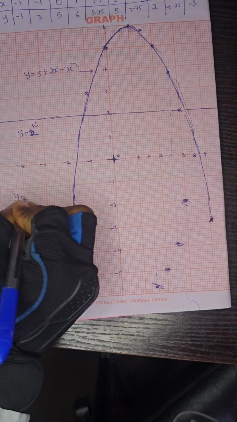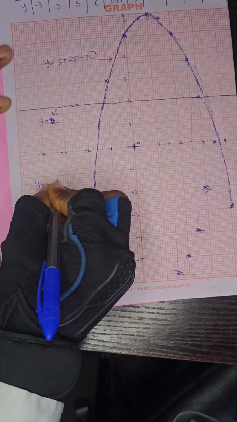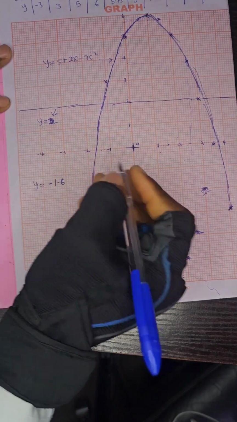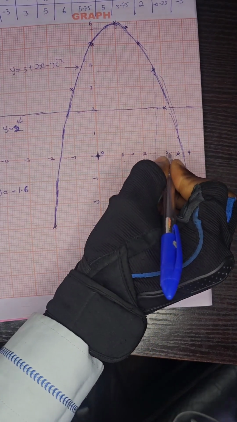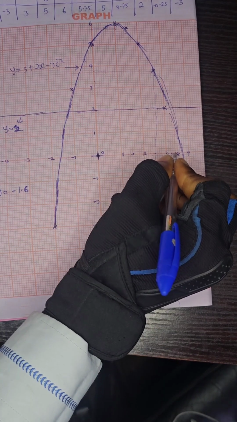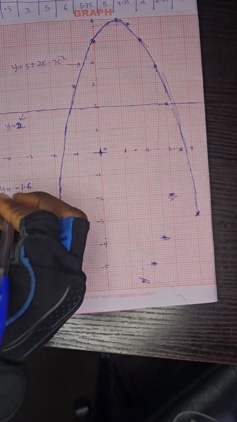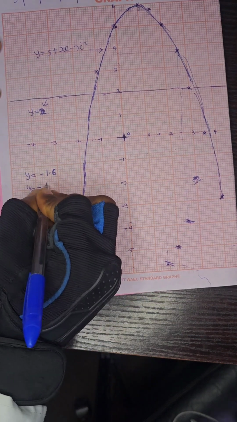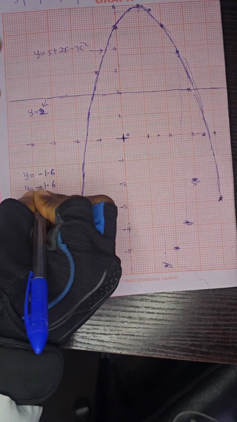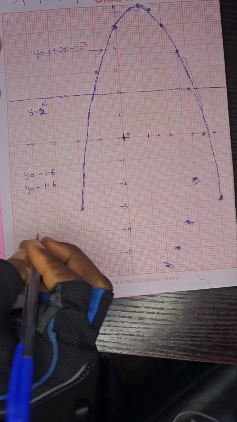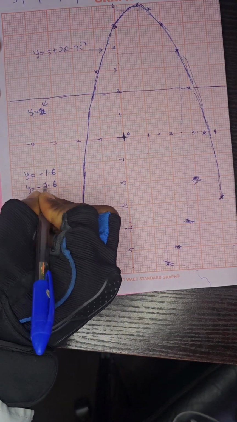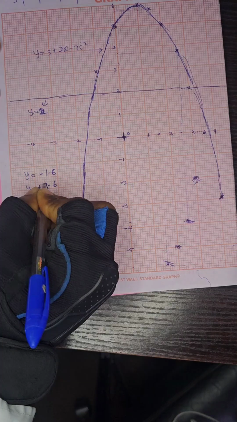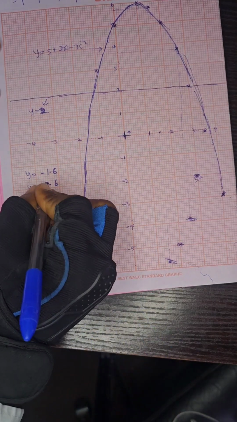So x will now be minus 1.6, and again 1, 2, 3, 4, 5, 6, 7. Sorry, this is 3.6, and it's plus, not minus, because we are on the positive side of x.